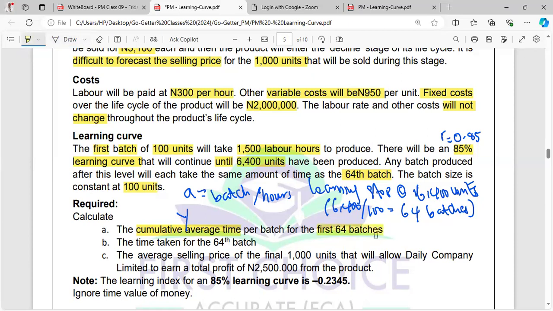That is cumulative. Your X will always be cumulative. And what is X? X is the number of batches. So X here, we are told that X is 64.